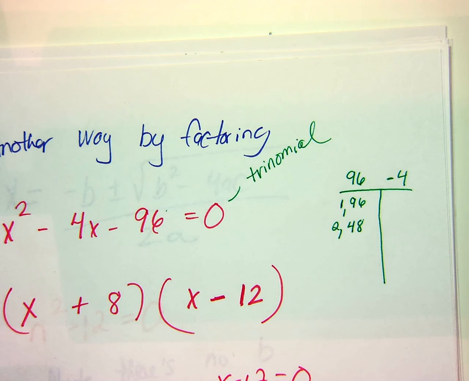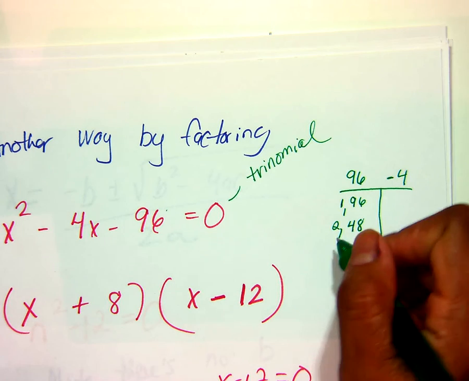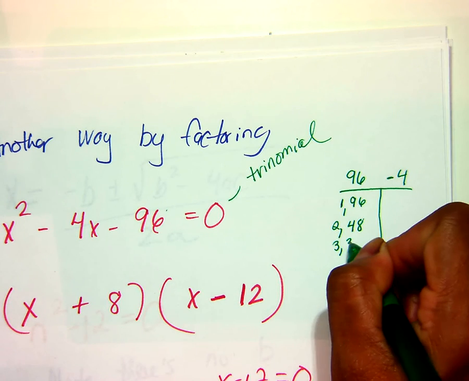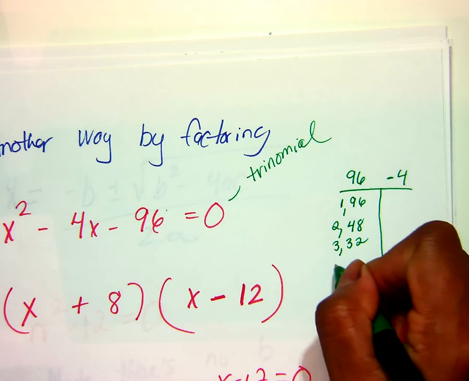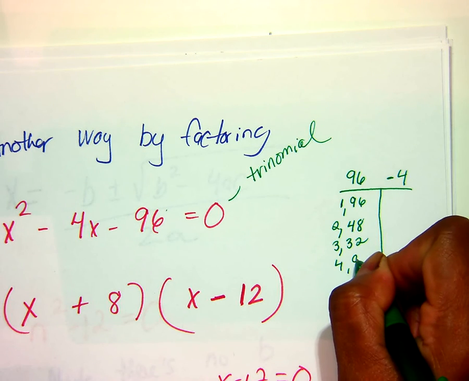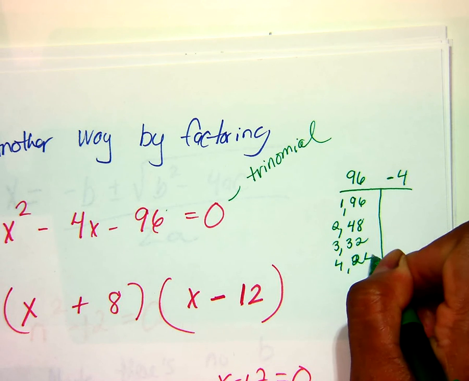You can also do 3. 3 can go into 96 32 times. Let's think about, can 4 go into 96? I'm not quite sure it can. So 4 can go into 96 24 times.